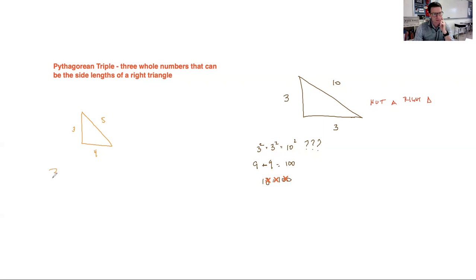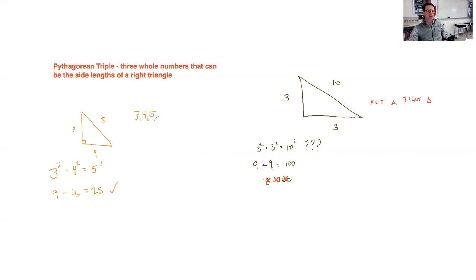Well, if it is, then 3 squared plus 4 squared should equal 5 squared, which will be 25. So does 9 plus 16 equal 25? And the answer is yes. So this is a right triangle, and 3, 4, 5 is a Pythagorean triple.